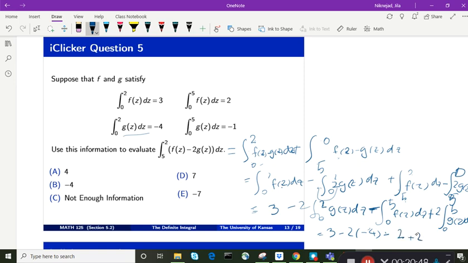And then you have 2 times g z dz from 0 to 5, which is negative 1. So it's 3 plus 8 minus 2 minus 2. 8 minus 4 is 4, and 3 is 7. And that's the answer.